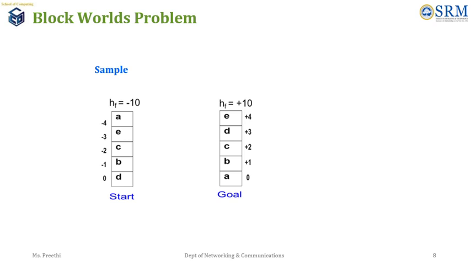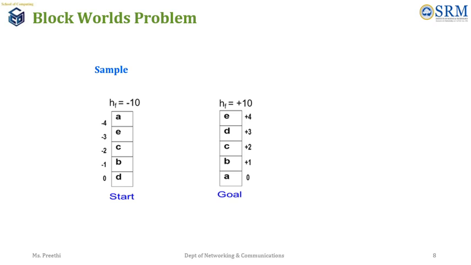In the corner we are assigning some heuristic values. The heuristic values are assigned based on position. D is located first, so its value assigned is 0. In the initial state we assign the values in negative form, and to achieve the goal state, it will be in positive form.